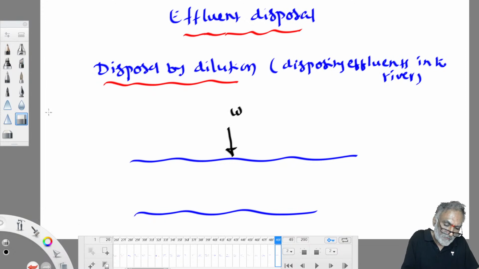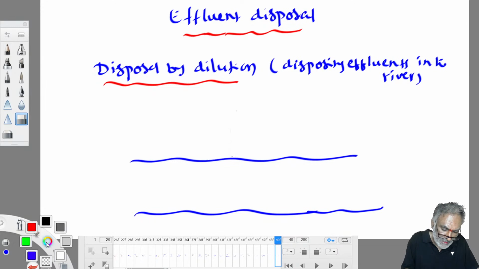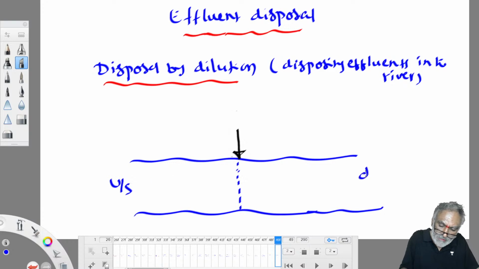We are disposing it into this river. You have a city producing waste. That waste you are disposing into this river, after treatment, of course. So this is the upstream side of the river. This is the downstream side of the river. So the river flows from upstream to downstream.